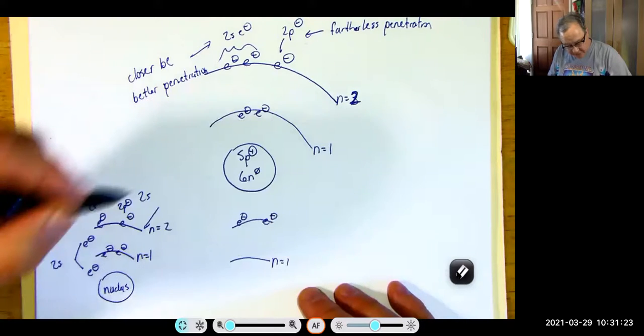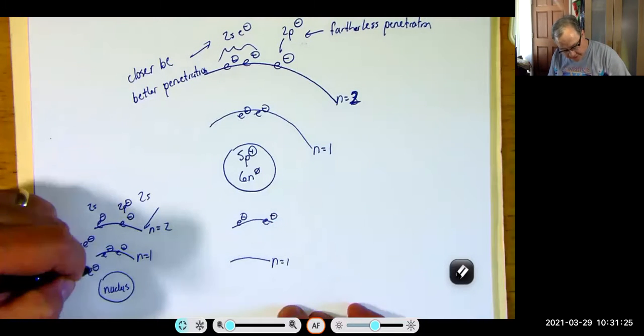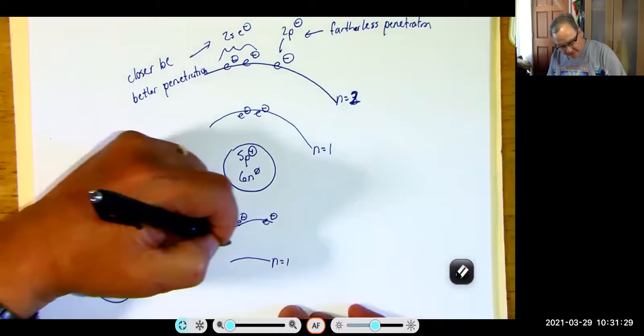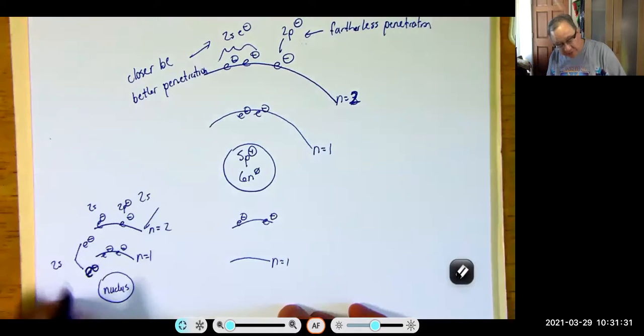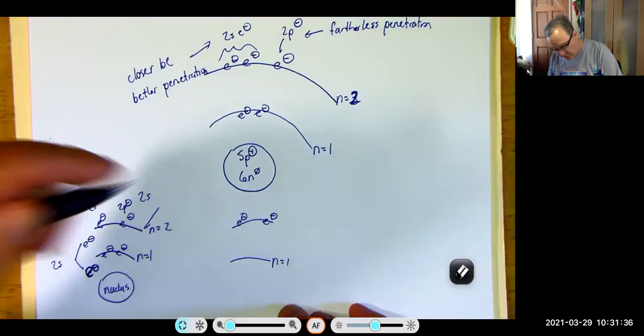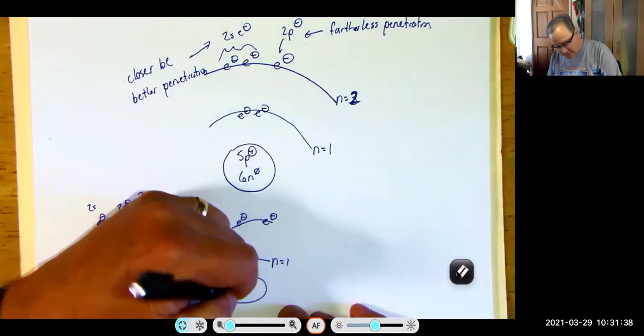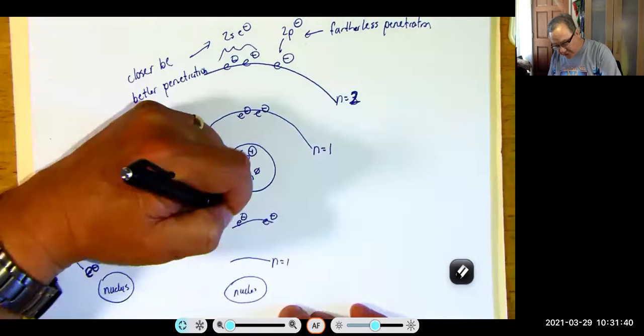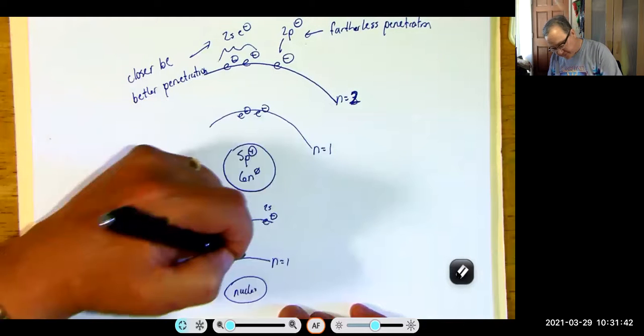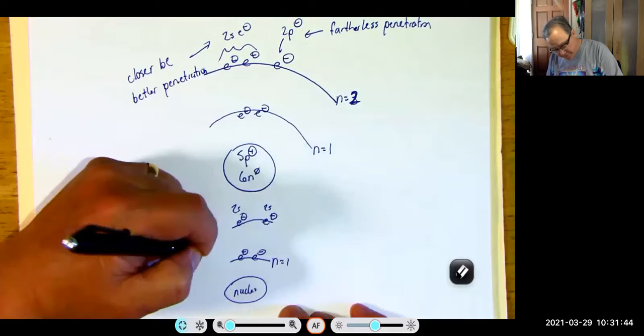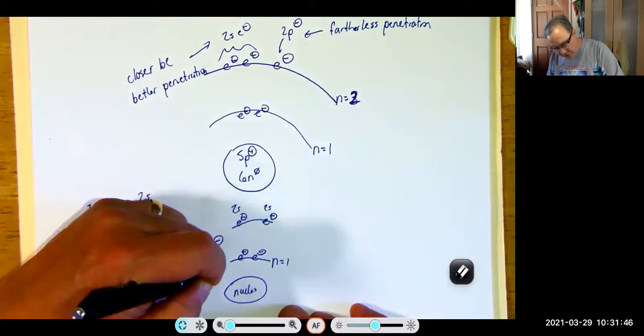So what I'm going to do here is I'm going to make this a large E. And because this 2s electron spends more time closer to the nucleus than this situation over here, where this is a 2s and this is a 2s, and this is the 2p.